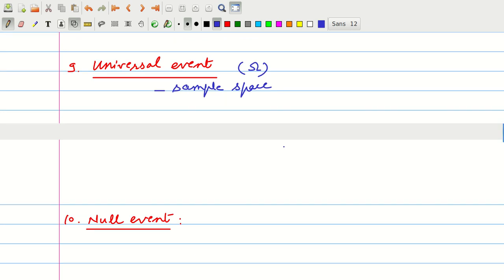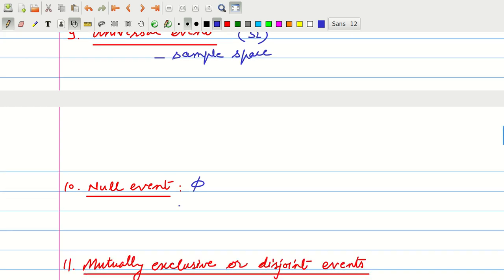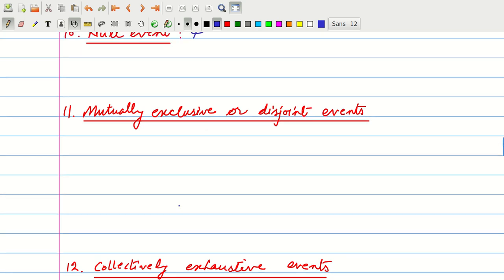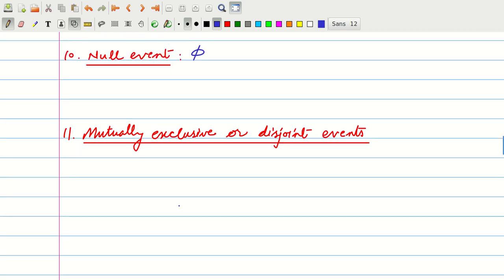Then we have a null event. An empty set is the subset of all sets, which is called a null event, denoted by phi. The next term is mutually exclusive or disjoint events. Two events are said to be mutually exclusive if their intersection is a null set.